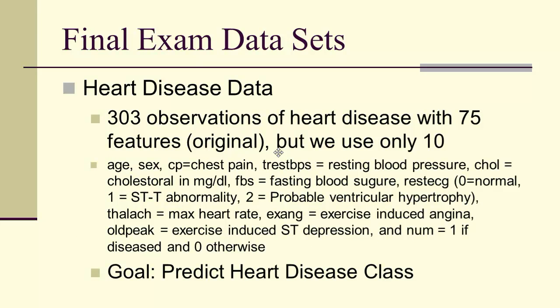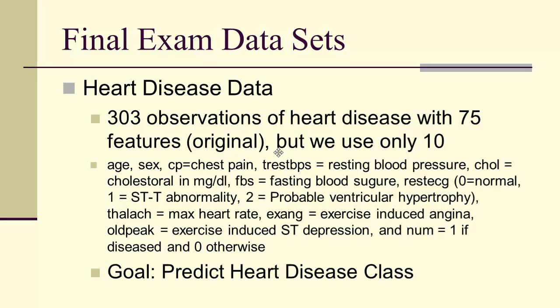We'll also be looking at some heart disease data. This is a very tough data set to work with. What it is, it's originally 75 features that are medical tests and physiological parameters, age, sex, height, weight, so on and so forth, and then results of tests like treadmill tests and so on and so forth.